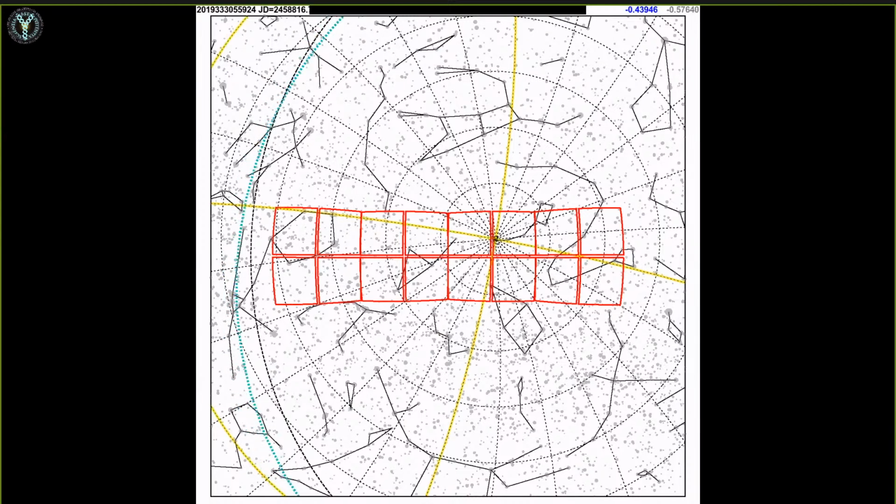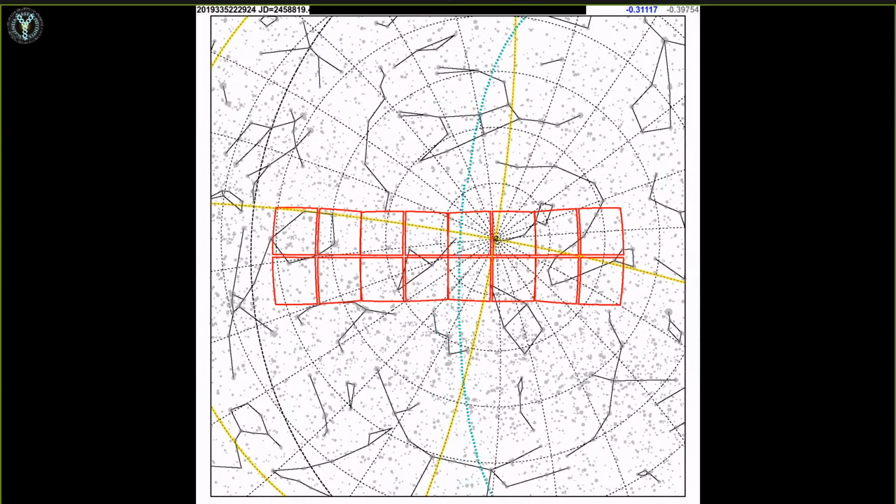And if we just jump through these frames, we can see that the orbit of the Moon intersects the field of view of TESS, but we are lucky because we don't see the Moon, which implies that there is no stray light.